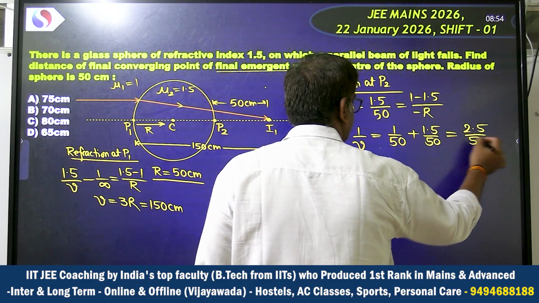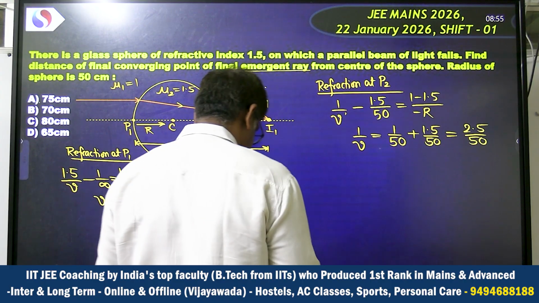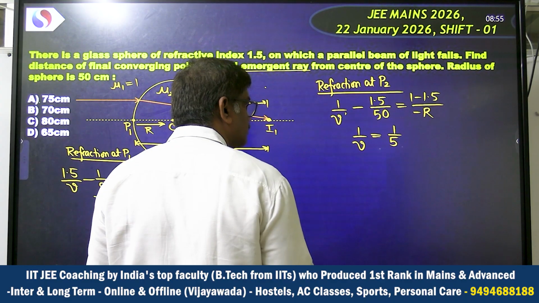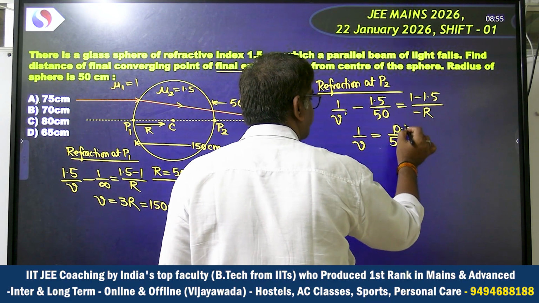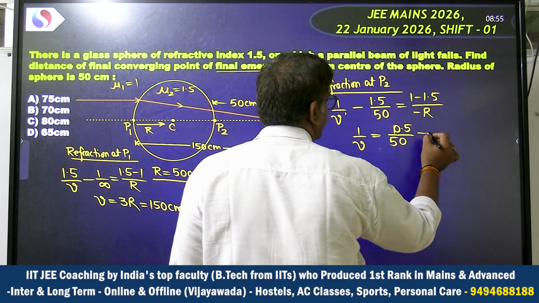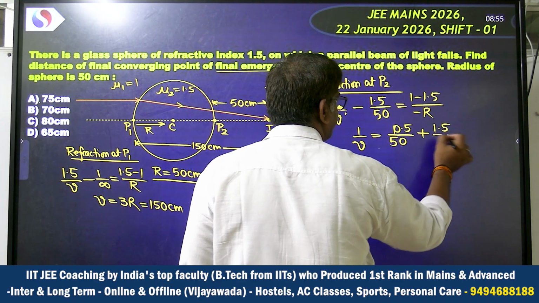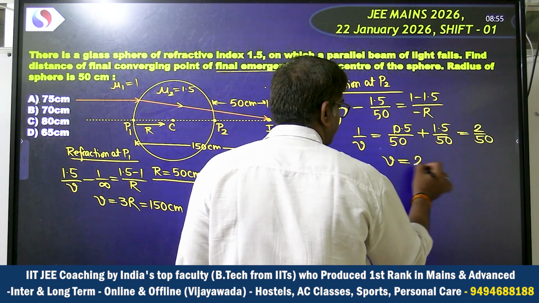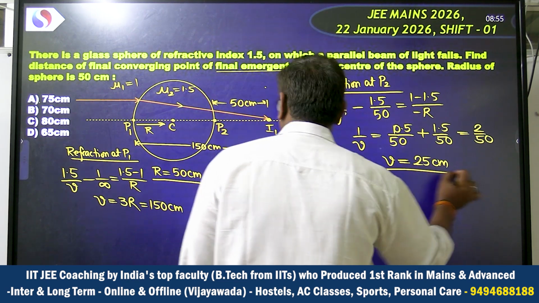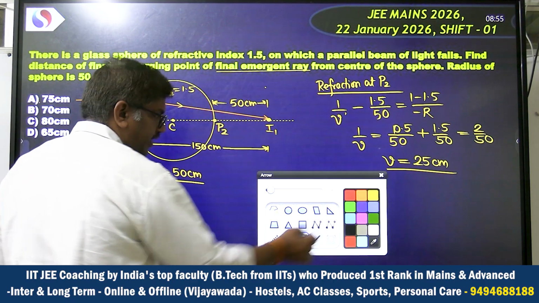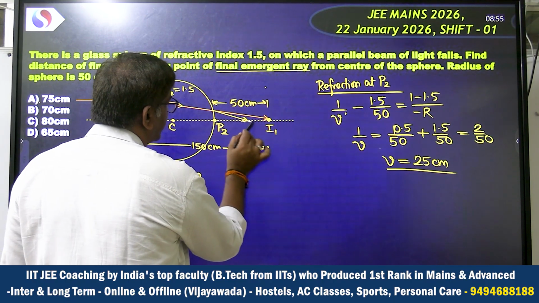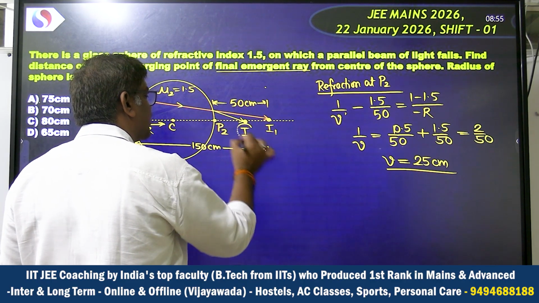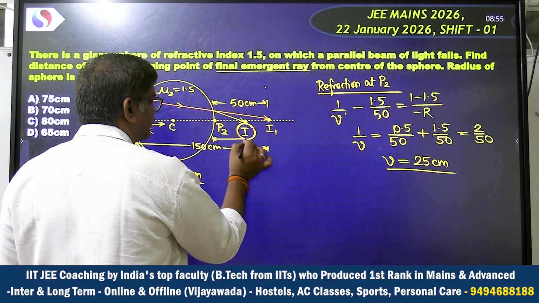This is 0.5 by 50 plus 1.5 by 50, which is 2 by 50. 2 by 50 means V is equal to 25 centimeter. So after the second refraction, the ray turns and finally focuses at 25. This is your final emergent ray at 25.